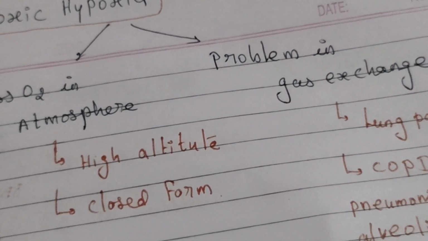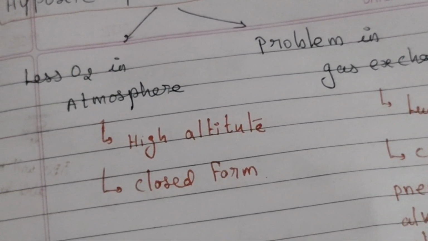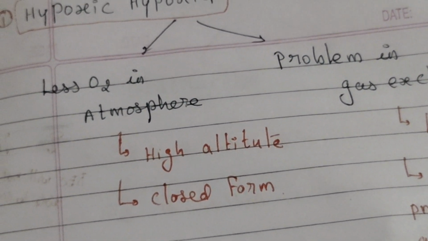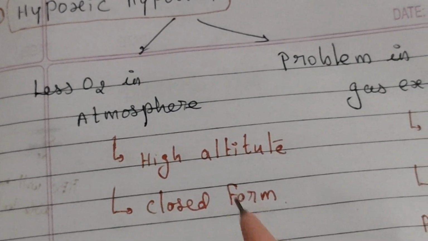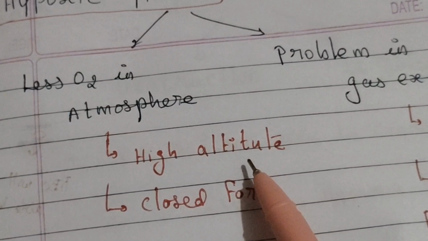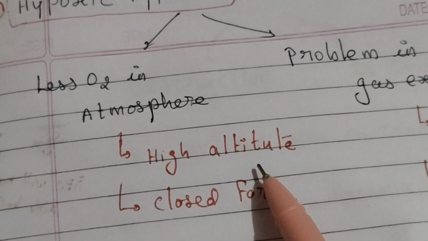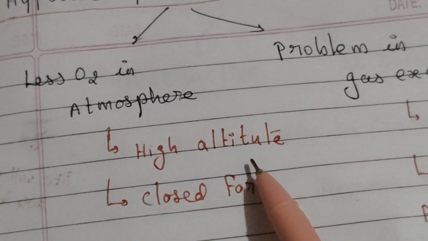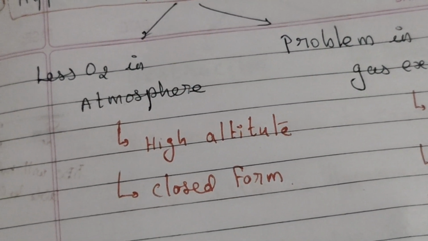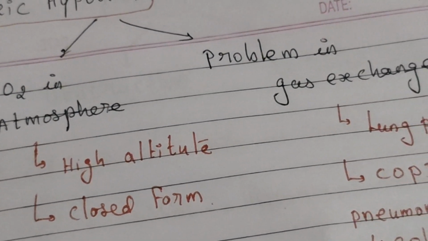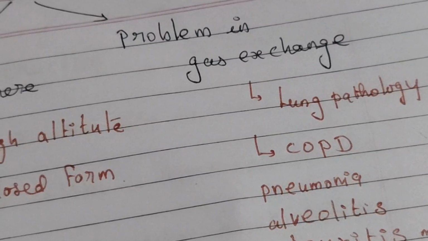First, if oxygen is not in the atmosphere, it can be a person at a high altitude, with less amount of oxygen, or a person in a closed space. And the second problem is gas exchange.